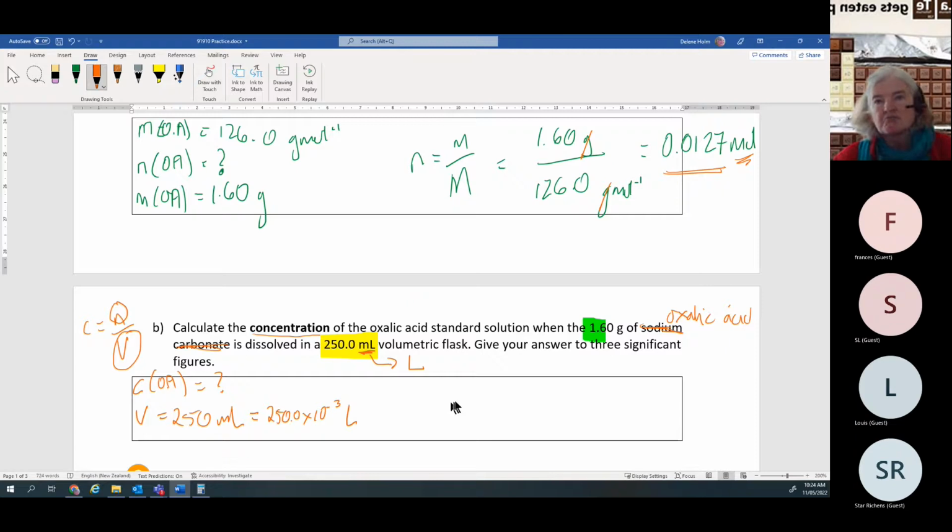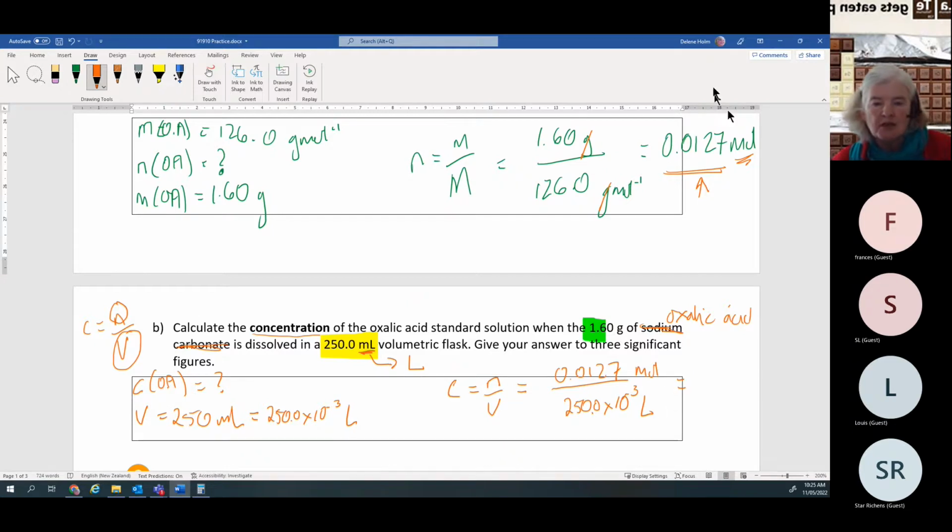So now we just put in the equation. Always follow a method. Write in c is equal to n over V. Then substitute 0.0127, which we got from there, but you keep all the figures in your calculator, divided by 250.0 times 10 to the minus 3. And that is now liters, that is mole.